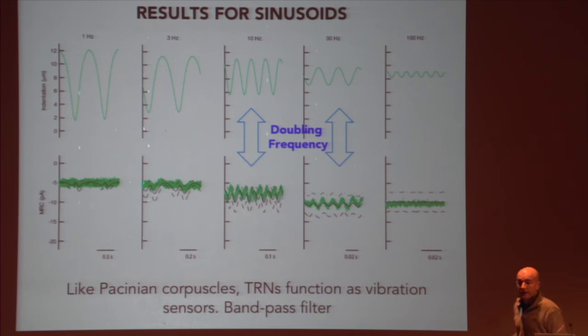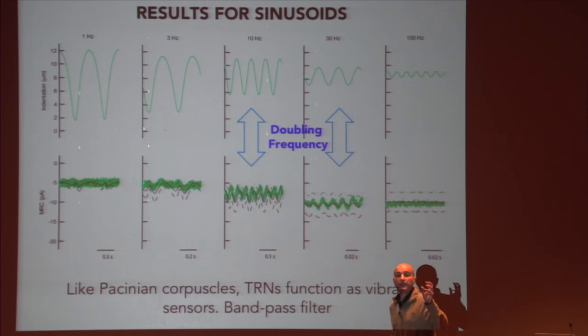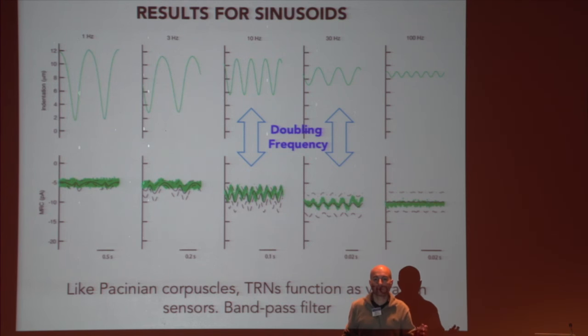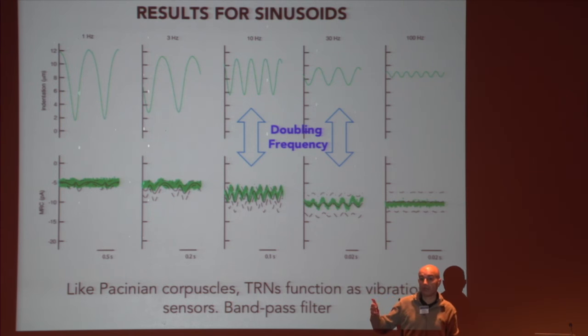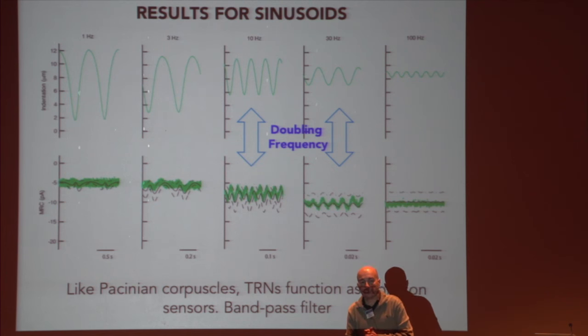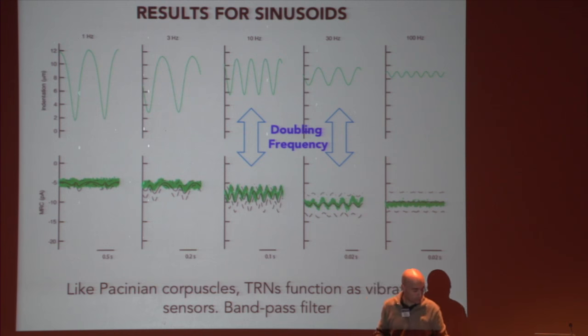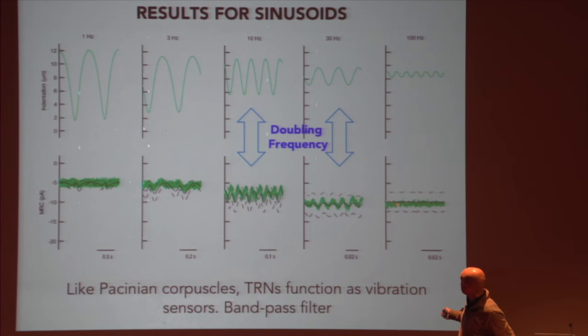I'm running out of time. For reasons that have to do with the technique of the cantilever, it's not possible to deliver higher frequencies at this stage, but they are constructing a different delivery system that will allow delivering stimuli in the several hundred hertz. At the moment, we are limited to frequencies that are maximum in the range of 100 hertz. At 100 hertz, you can see here that the system is not able to respond anymore.